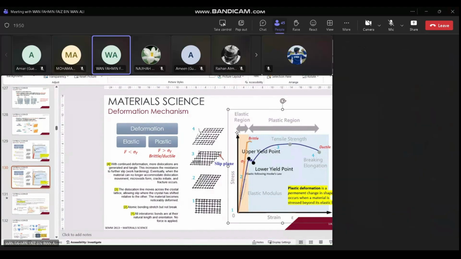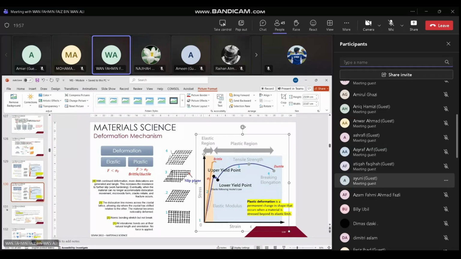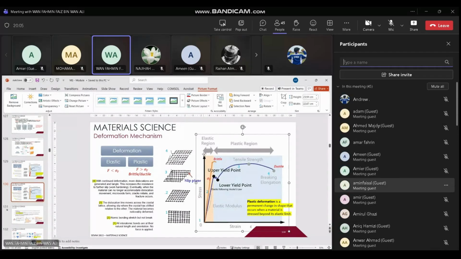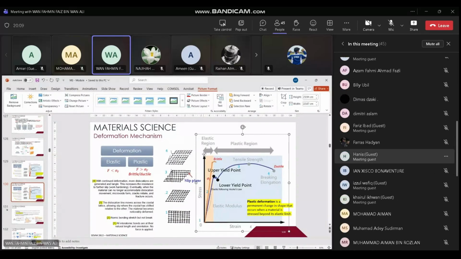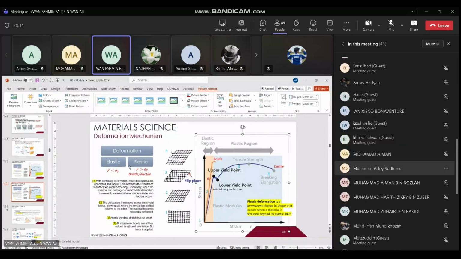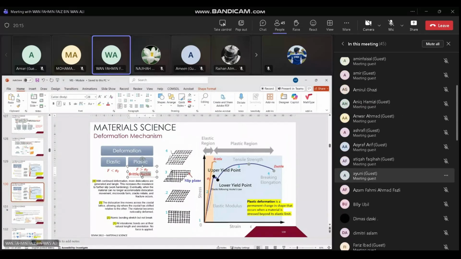But if a component of material experiences a very small deformation, like a ceramic material, the moment you put tension on the ceramic, it breaks. The ceramic does not elongate. So those are the things. Let's have a look at the ductile characteristic first.